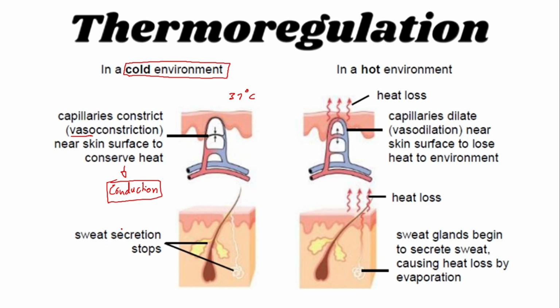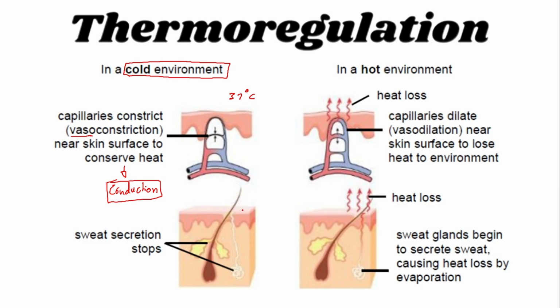Okay, and then we also have sweat secretion. So over here, now remember, sweat is basically the body's way of losing water, okay, due to evaporation once it comes into contact with the surface of the skin. So here, sweat secretion stops, okay, so obviously because it's very cold, you can't lose any water because there's not much heat involved in such a way that it will want to get rid of heat.